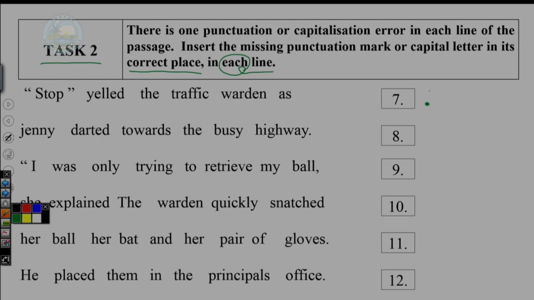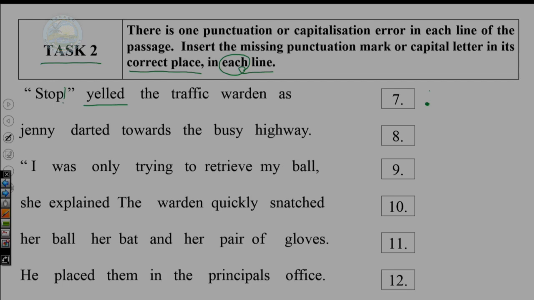Because we have the word yell, we know that it must be a certain type of punctuation mark. When we are yelling, it's a feeling of, in this case, perhaps fear on the part of the traffic warden. So we are going to insert an exclamation mark after the word stop. Here comes my exclamation mark.